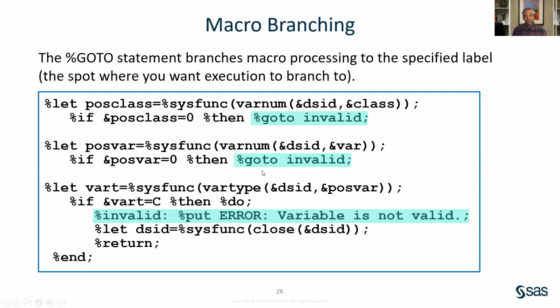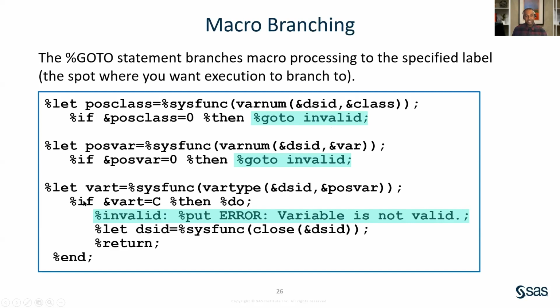Once again, then %goto invalid, where we write a note to the log, the variable is not valid. And lastly, %let var type, I'm implying. %sysfunc, I invoke the vartype function on the data set ID for the variable position. That it wasn't invalid, so we're assuming it's a valid position.